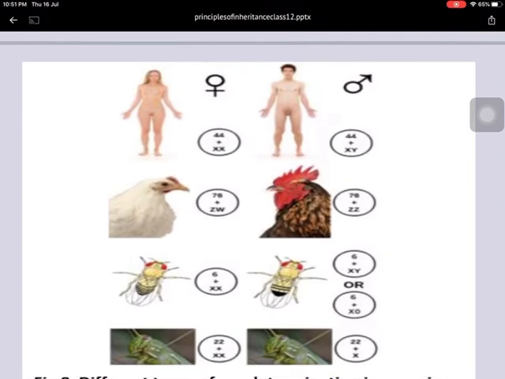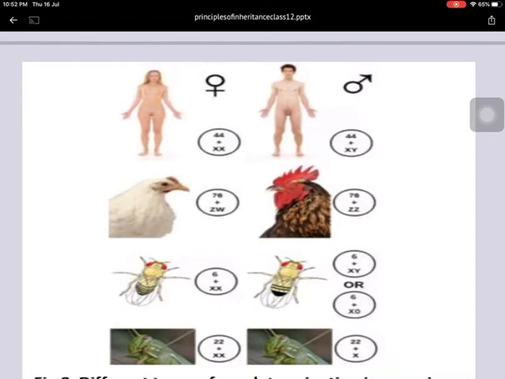But here we have to talk about the different types of sex. Human beings have homogametic female and heterogametic male, whereas in fowl, female is heterogametic and male is homogametic. In some insects, female is homogametic and male is heterogametic.